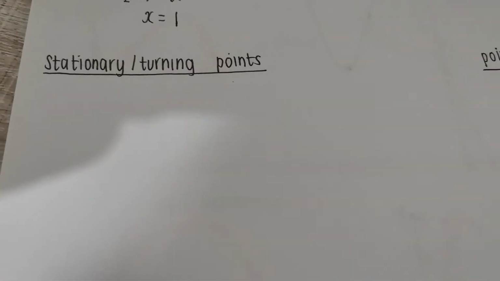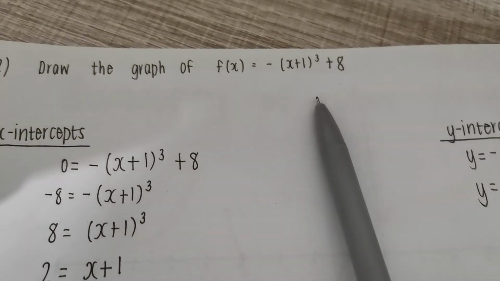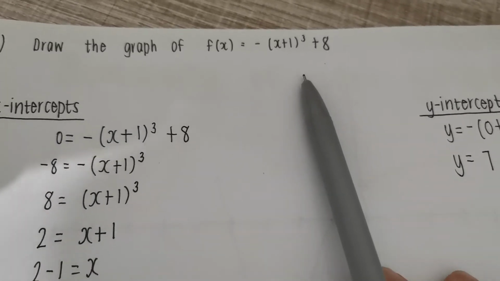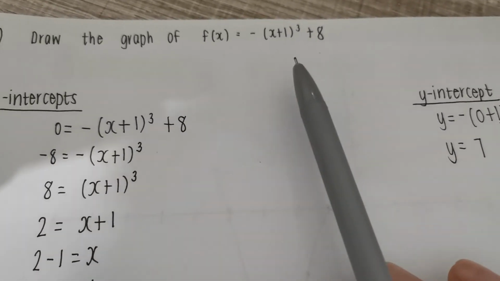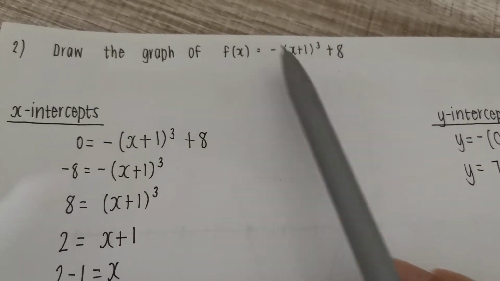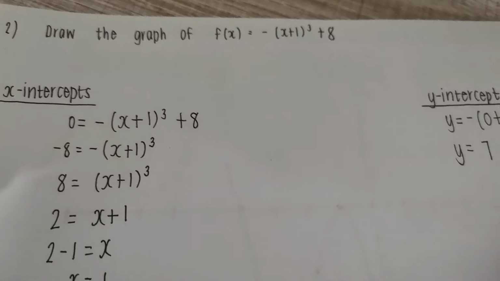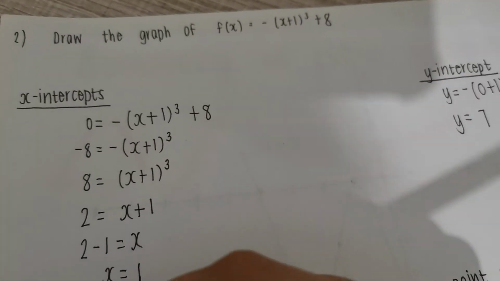Now I need to determine my stationary points. In order to determine my stationary points, I need to find my first derivative. But since it's in this format over here, I'm going to have to open this up, so multiply out, and then I'm going to find the derivative. Now you can use Pascal's triangle for this part over here, or you can just actually multiply the whole thing out.